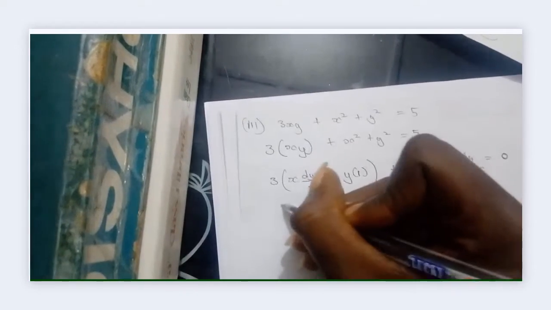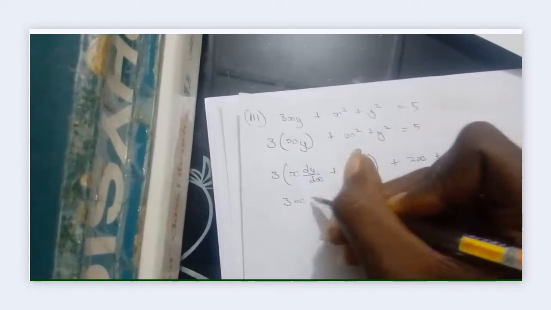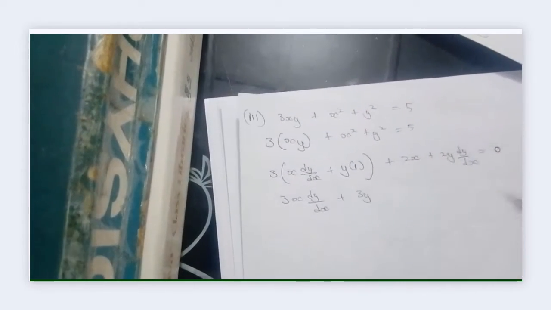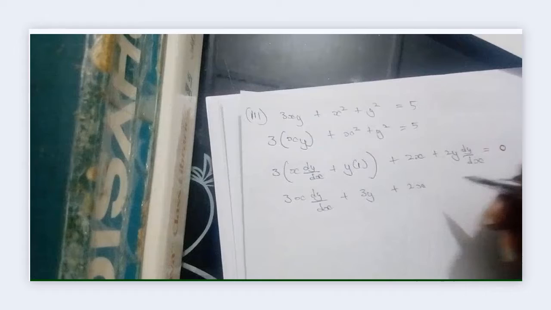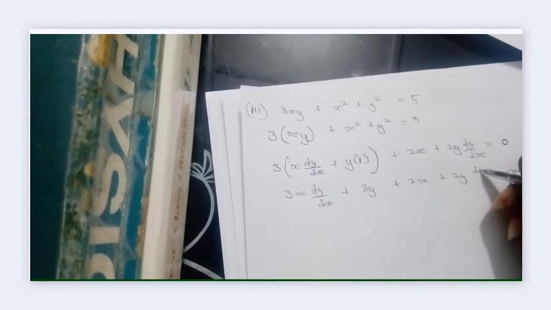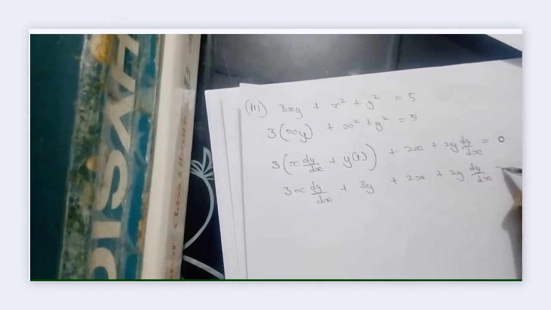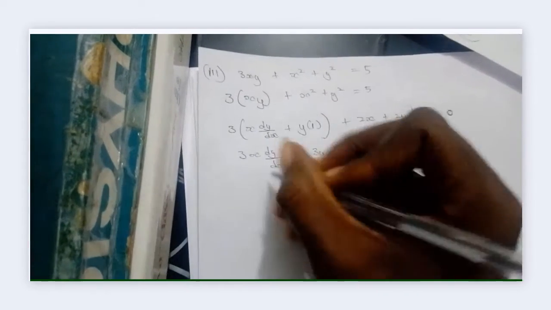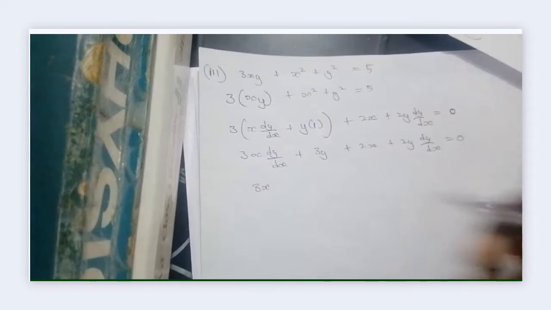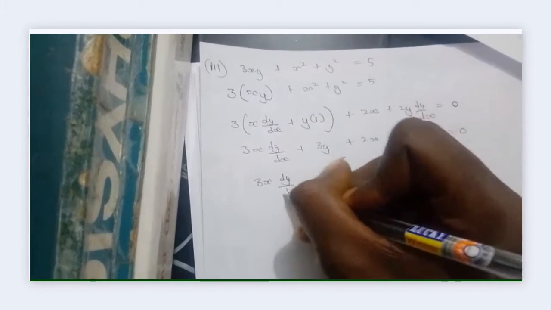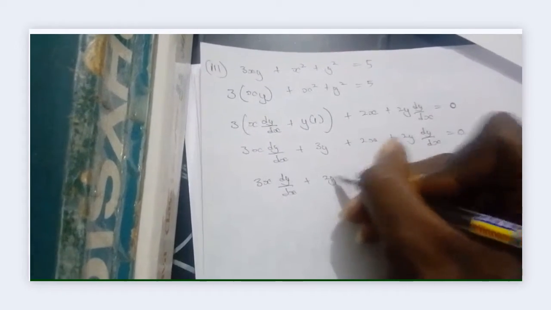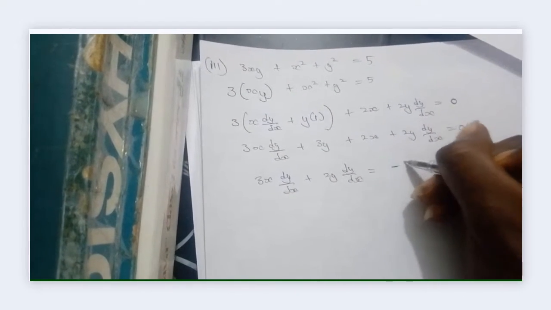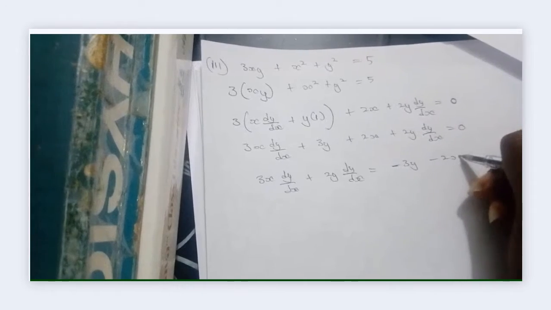So for this, open the bracket, you have 3x dy over dx plus 3y plus 2x plus 2y dy over dx equals to 0. So for this, I can collect the like terms by writing 3x dy over dx plus 2y dy over dx equals to minus 3y minus 2x.